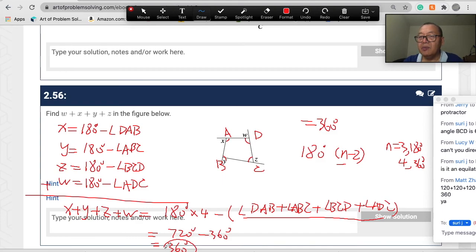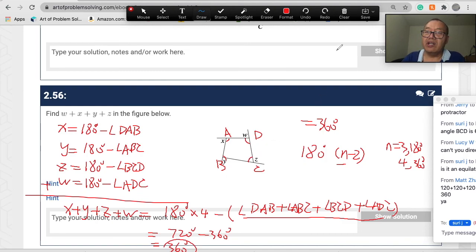Then maybe you guess that for any polygon, whether a hexagon or pentagon, whatever, the sum of the exterior angles also equals 360 degrees. Is that true? Everybody say, will that be true?